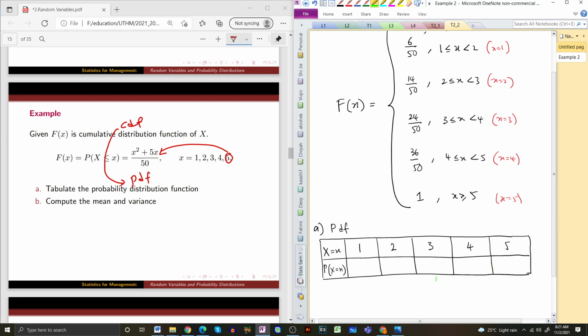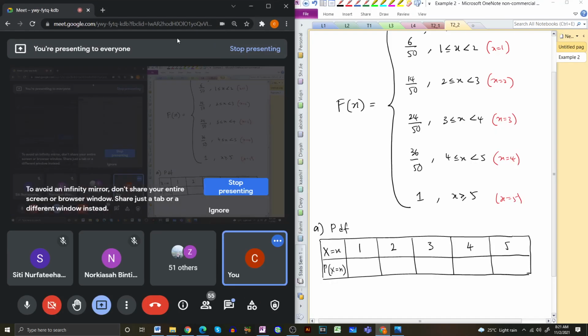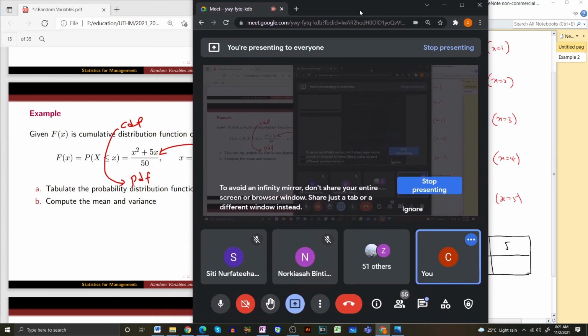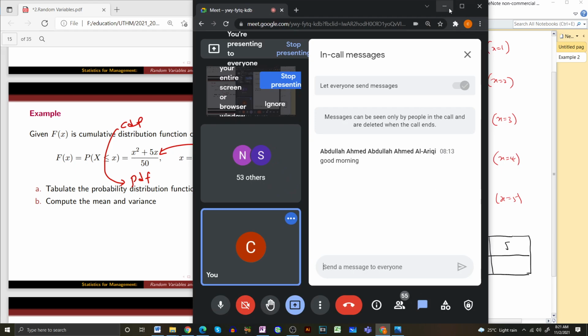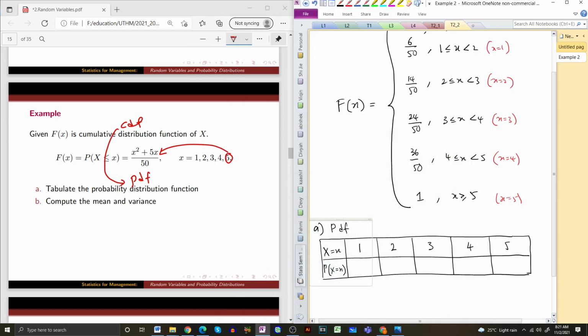Recall how you find the CDF from PDF: we add all.